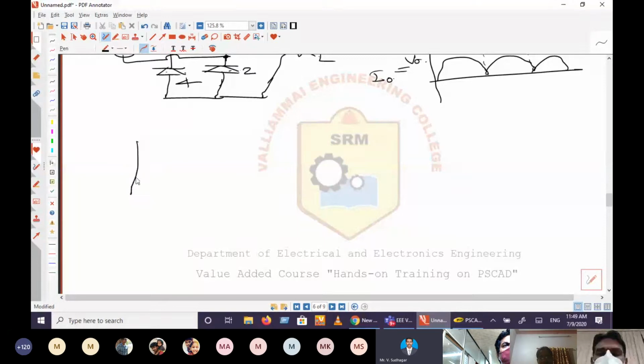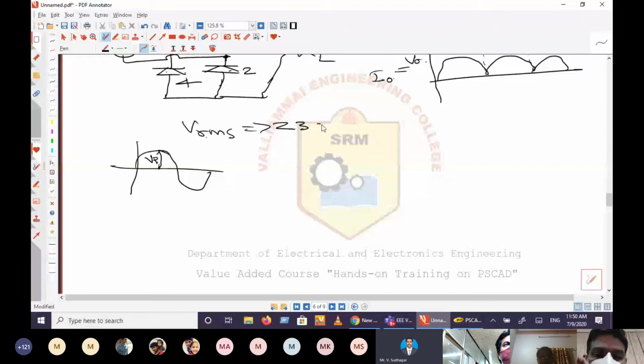So any sinusoidal is going to have a peak value. This is a peak value and RMS value. So what is RMS value? Something we are calling 230 volt is an RMS value. What will be its peak?